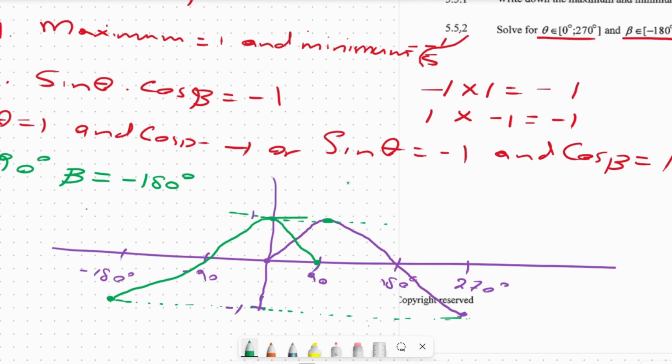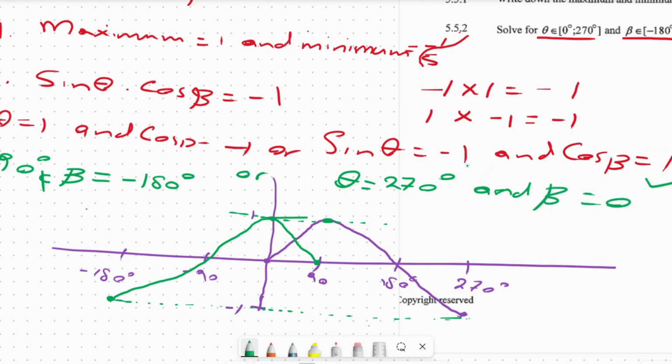Coming to this side, sine theta is only negative at 270 degrees, and beta is going to be +1 at 0, so beta equals 0.